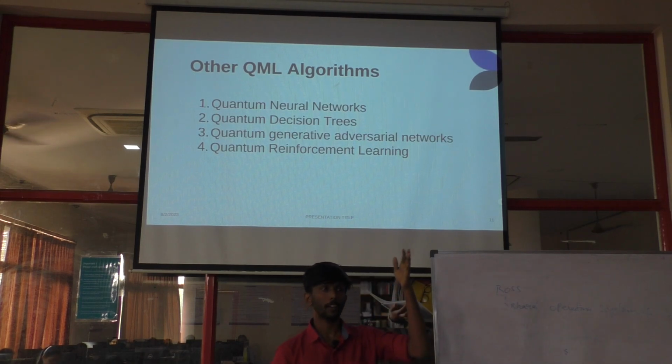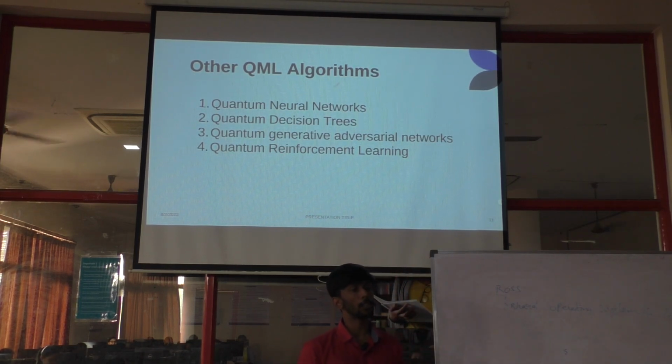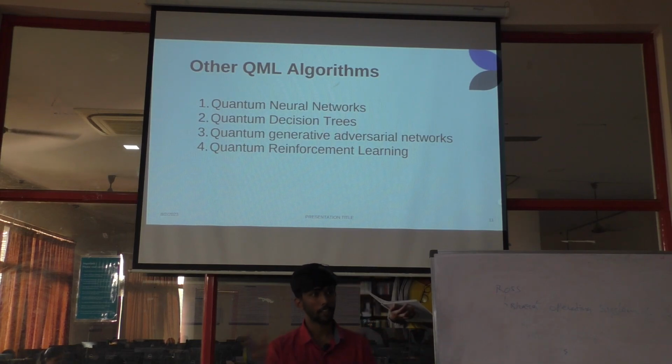Instead of having a layer of classical neurons, we can have a layer of quantum neurons. It's simple. You can have a layer of quantum neurons plus classical neurons and add up and make a neural network layer. And decision trees, it is much more involved. Going into that in depth won't be possible here.